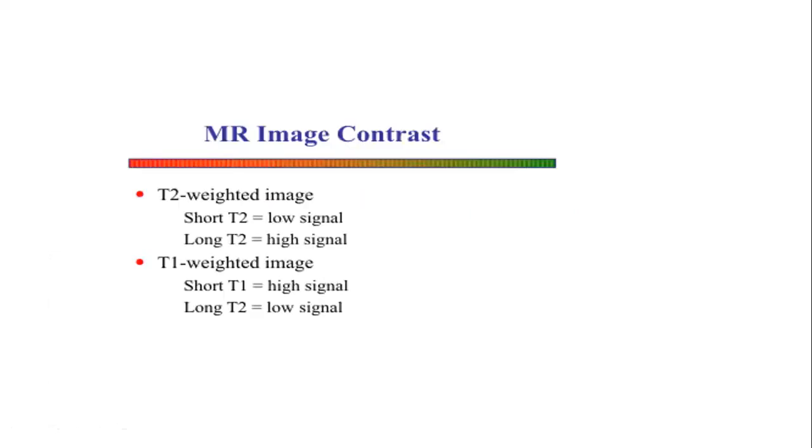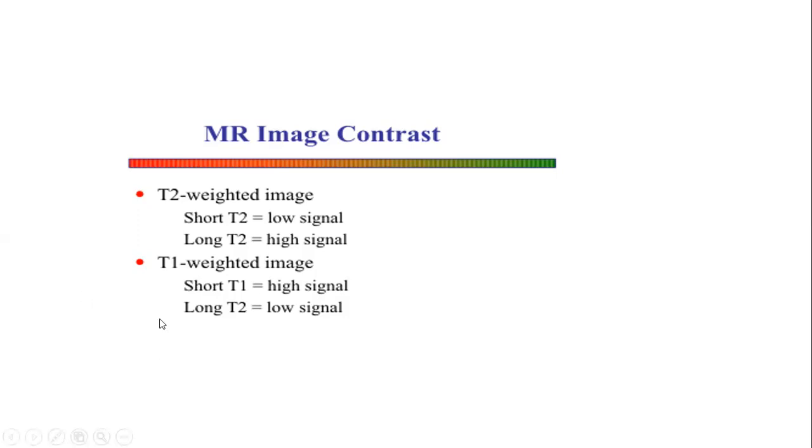So MR image and contrast. We want to look at T1 and T2. For T2 weighted image, a long T2 is going to give us a high signal, as you saw in the other image.